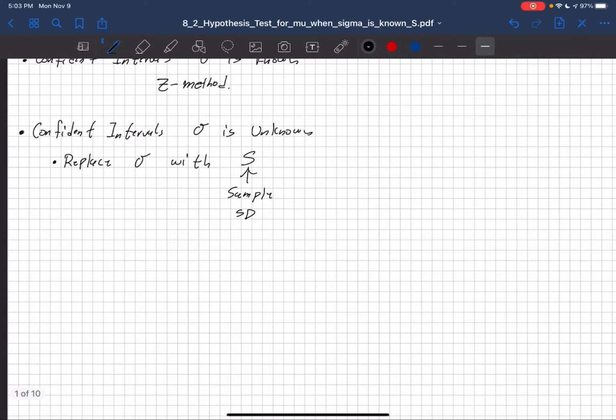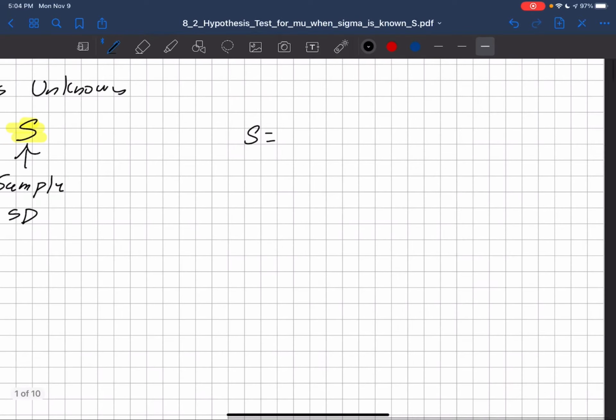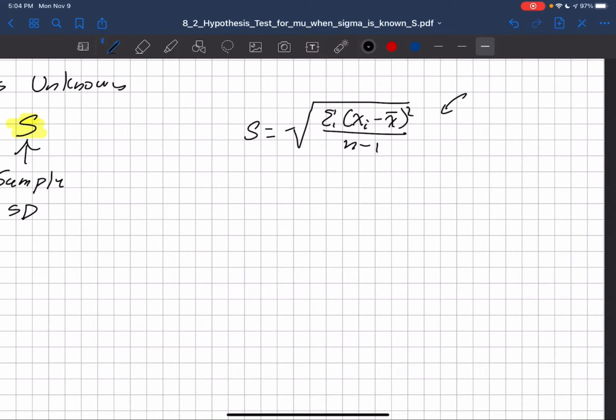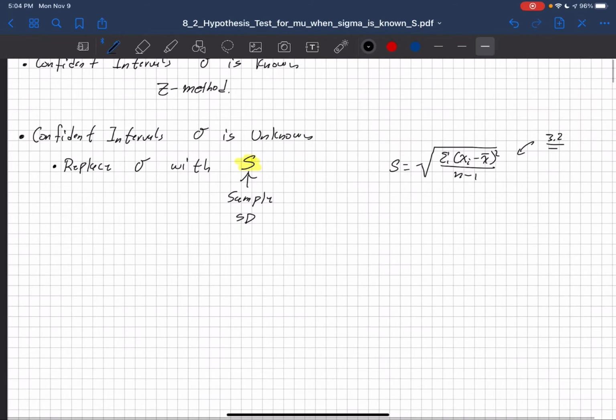We were able to compute this because we already had a lot of practice. If you remember, S was equal to the square root of the summation of x sub i minus x bar squared, divided by n minus 1. This was from section 3.2, just a refresher, when we were using the table method to organize our data. So that's how we already computed sample standard deviation. It's nothing new for us.